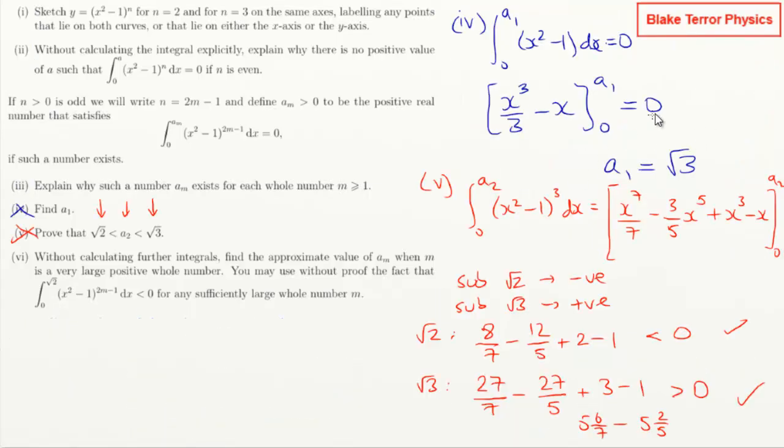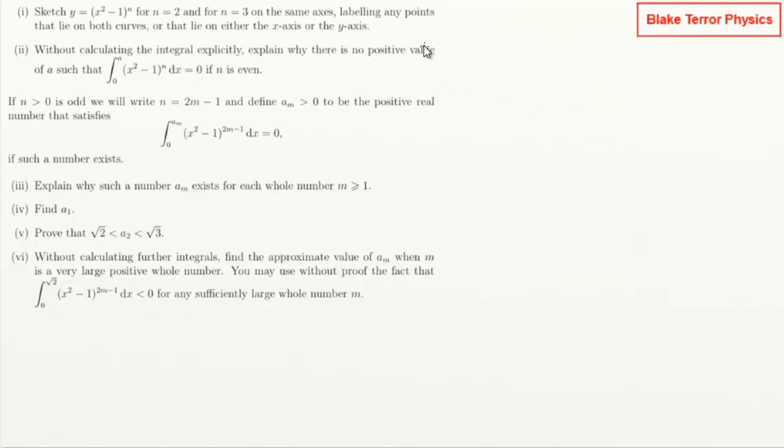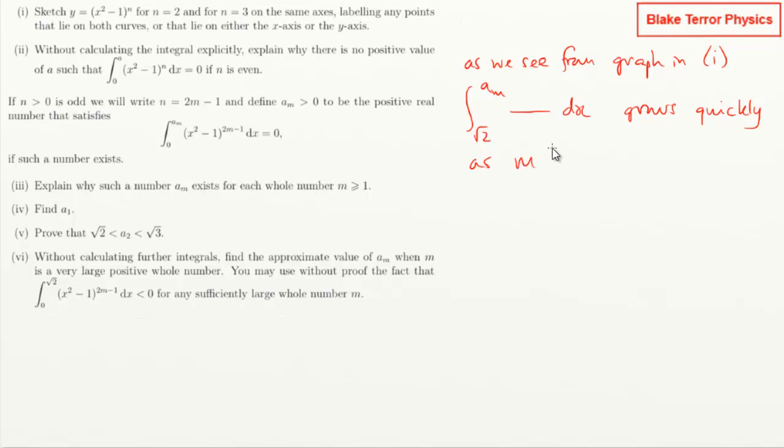Right, okay, maybe I want a new sheet for this. Right, so as we see from the graph in part 1, we've got that the integral from root 2 to am of all of that stuff dx grows quickly as m increases.